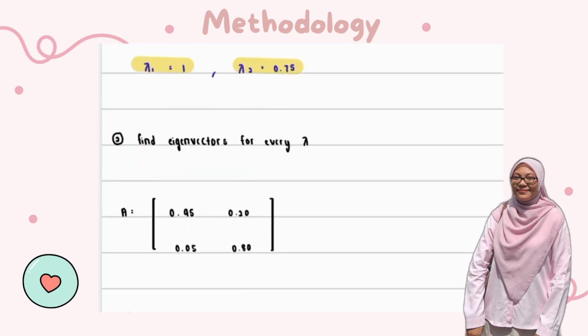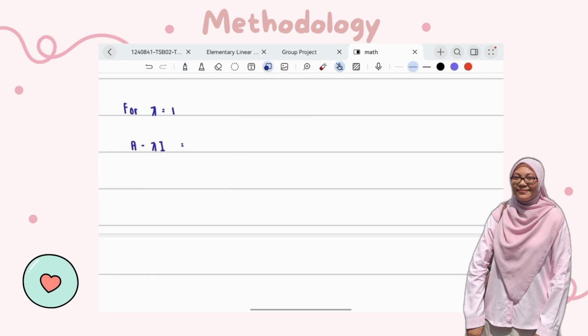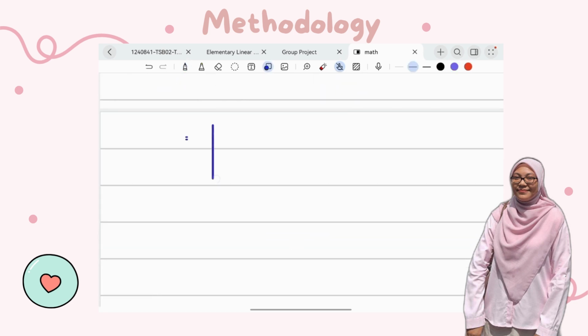Then we want to find the eigenvector for every lambda. For lambda equal to 1, we substitute this value into the expression A minus lambda I. Then we substitute all the values into the expression and we get negative 0.05, 0.20, 0.05 and negative 0.20.